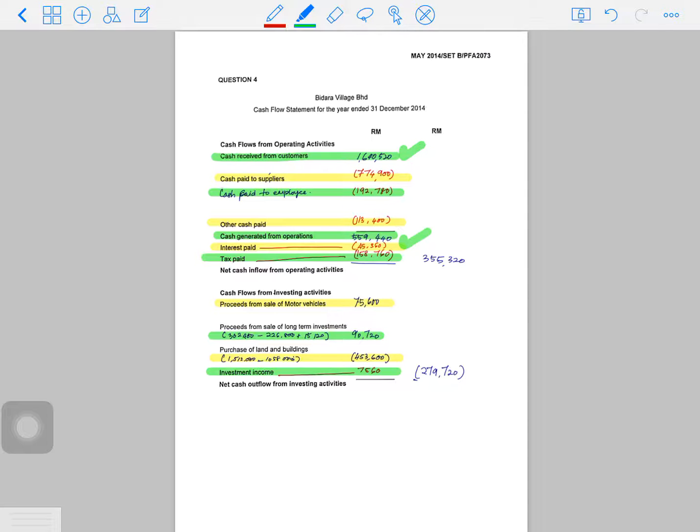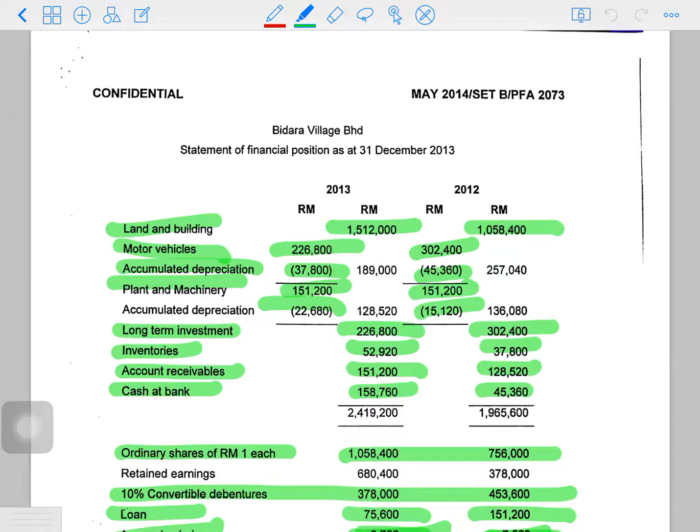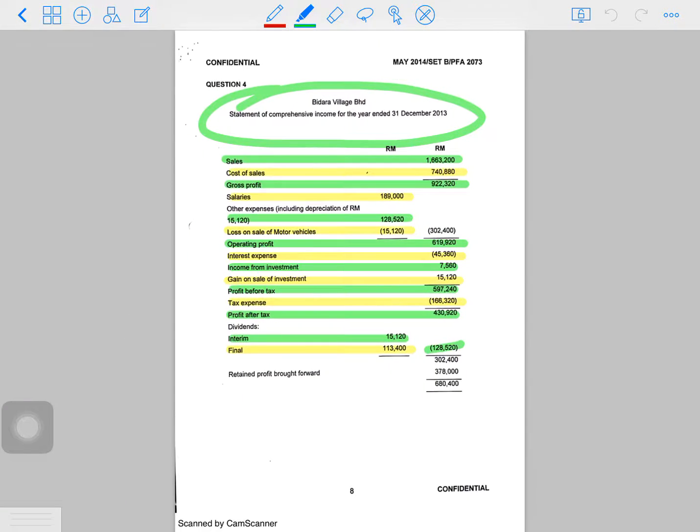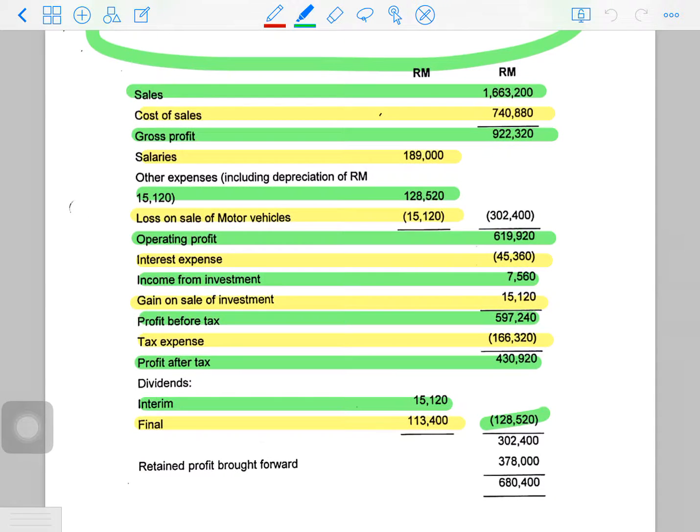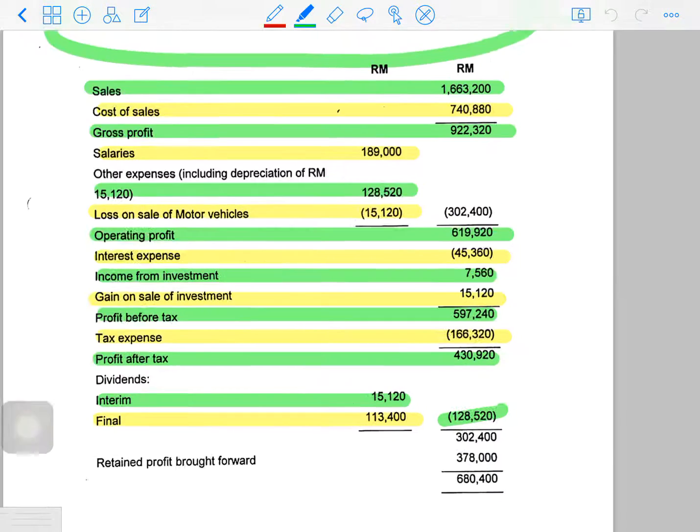Okay. Next kita ada dalam income statement ni, income from investment. Kita dah deal ke belum tadi? Tadi investment income kan? Income bukan gain. Gain on sale of investment. Income from investment ni kita tak deal lagi kan? Belum lagi.